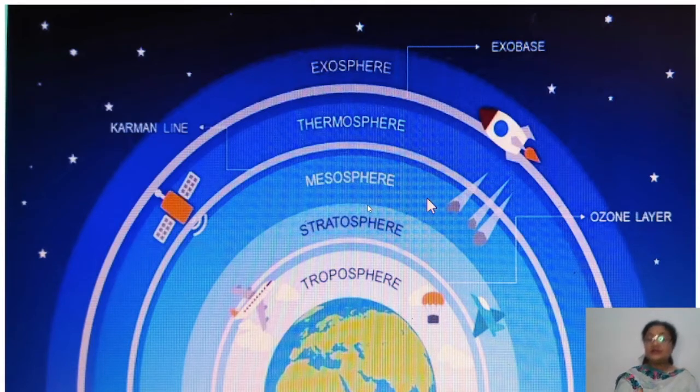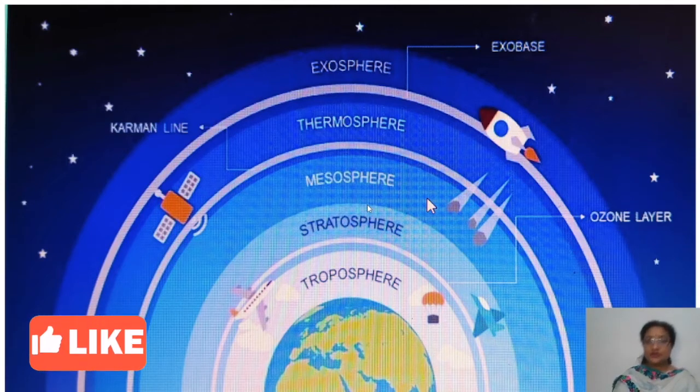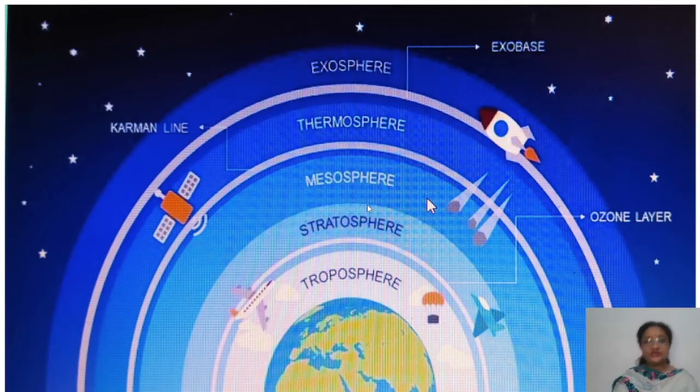Stratopause, again a transitional zone, separates the stratosphere from the mesosphere, which is lying again above it, right? This transitional zone has a few features of the stratosphere as well as a few features of the mesosphere. The temperature increases until the stratopause, where it reaches 0 degrees. Okay, so these are a few things about the stratosphere.